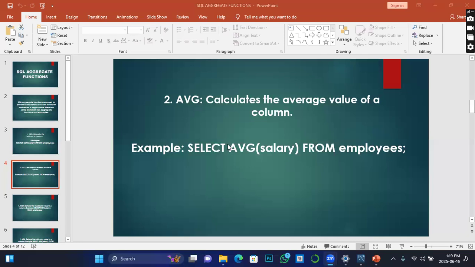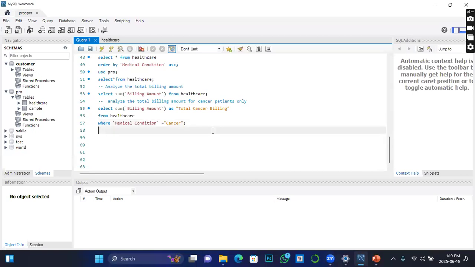Okay, so now let's construct an analysis question that we can answer using the average function, AVG, in SQL.